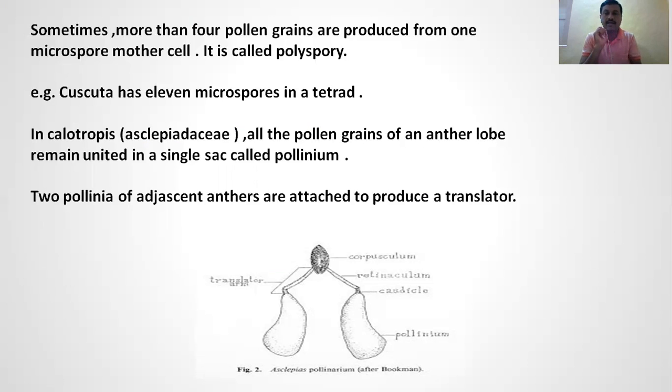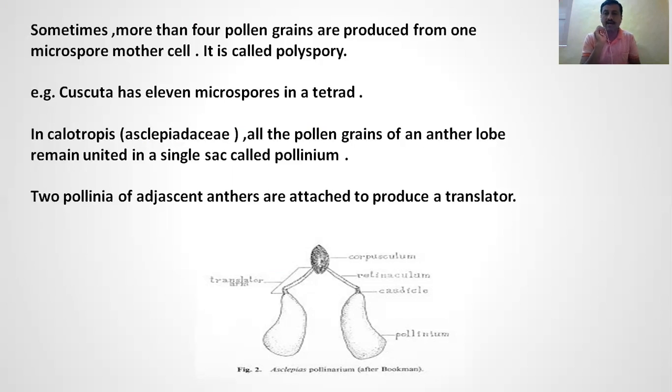Next, Calotropis, in the Asclepiadaceae family. Calotropis is known in Marathi as rui plant. In the Asclepiadaceae family, all the pollen grains of an anther lobe remain united in a single sac. एकाच सॅक मध्ये पोलन ग्रेन प्रेझेंट आहेत and they are joined; the anther lobes are united.